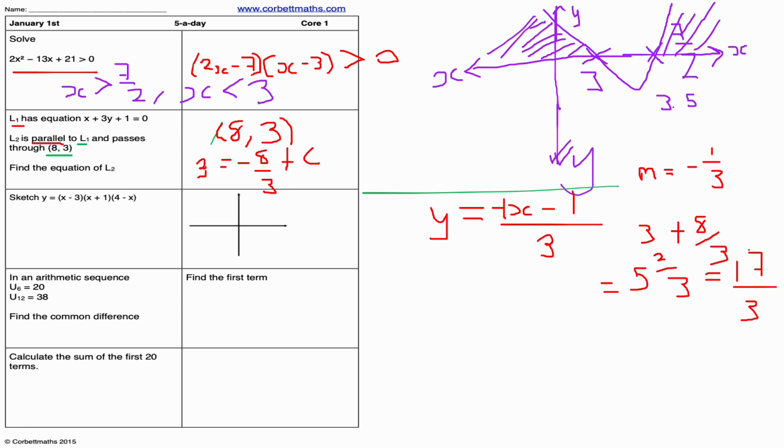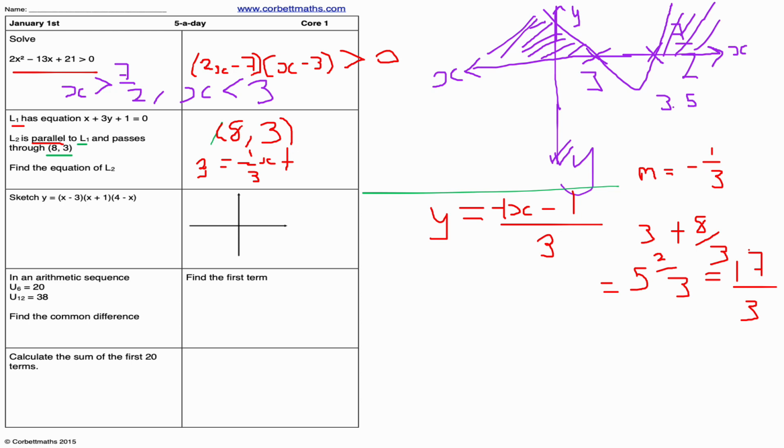So your final answer would be y = -1/3 x + 17/3.